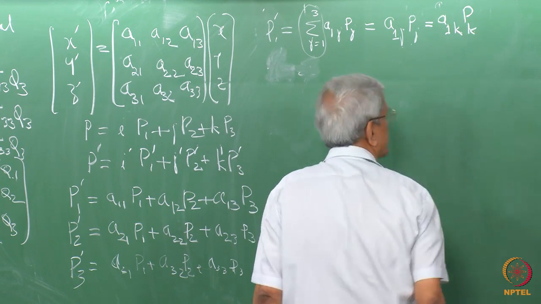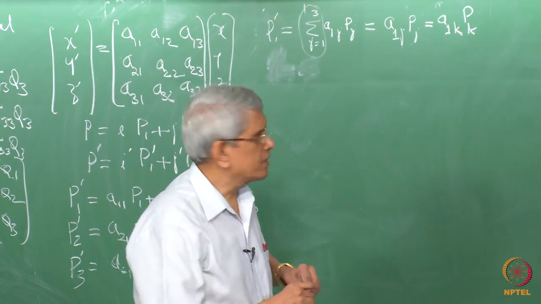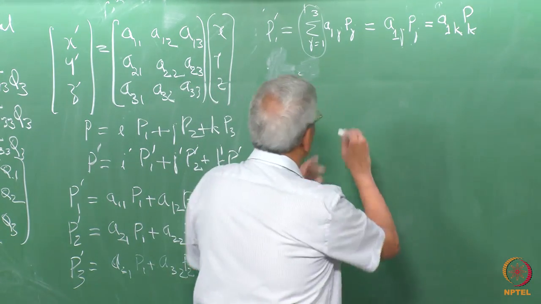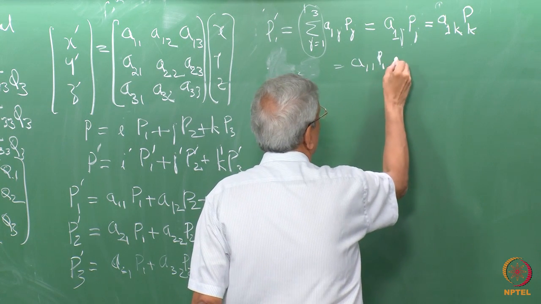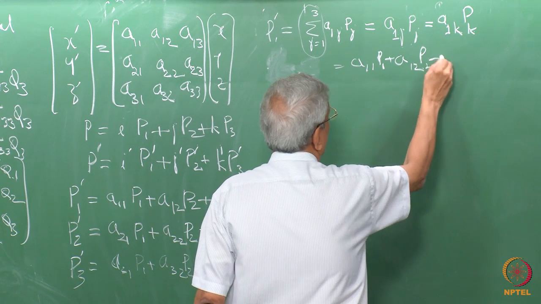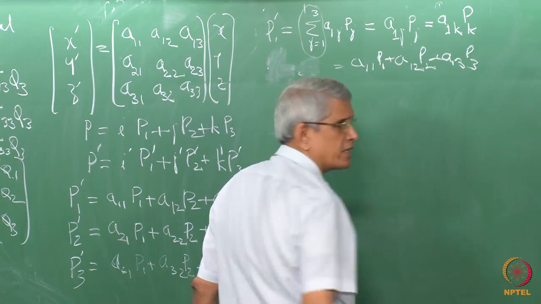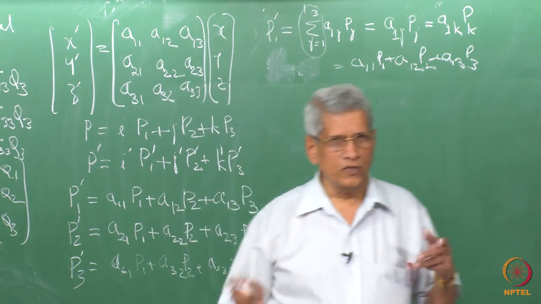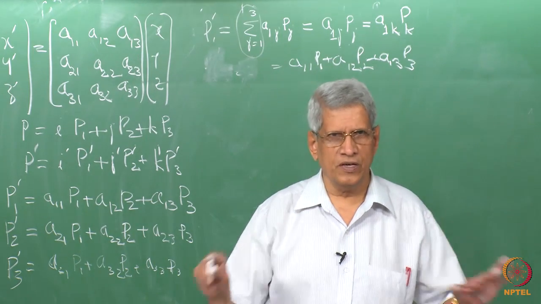Because when I expand it, k will be from 1 to 3, so this will finally become A11 P1 plus A12 P2 plus A13 P3, right? Whether I use j or k, it does not matter. So that is why we call this a dummy suffix. Is this clear?